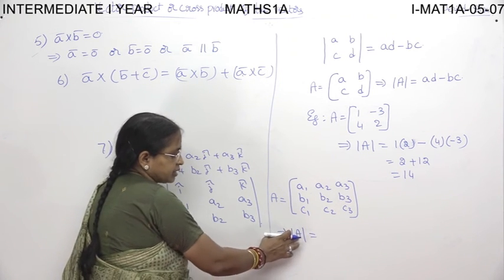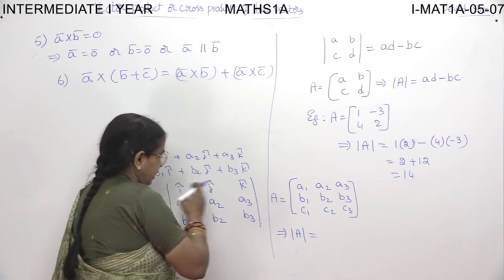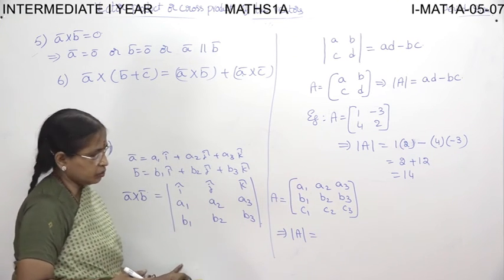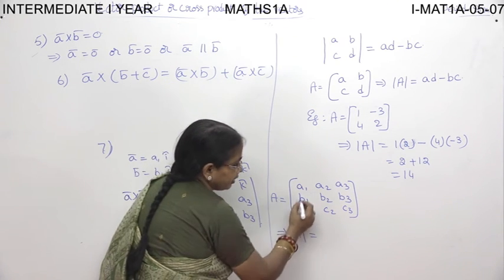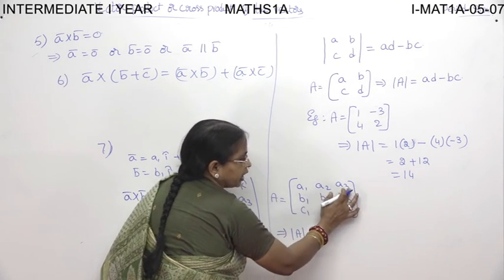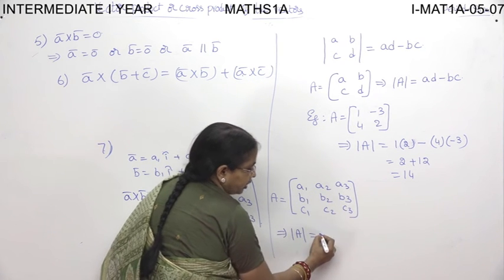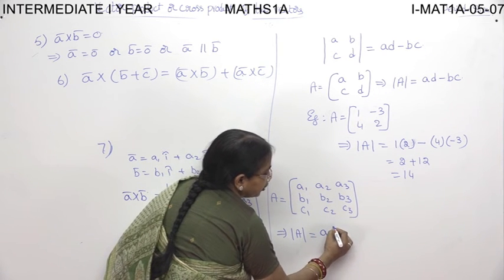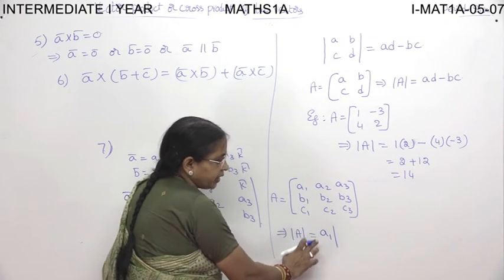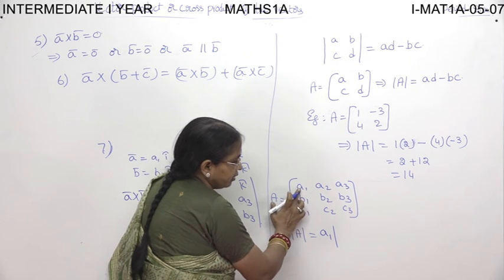You can just write bars directly like this also. So this is given by A1, the first row elements. You multiply the first row elements, A1 into their cofactors. Cofactor values are found like this.